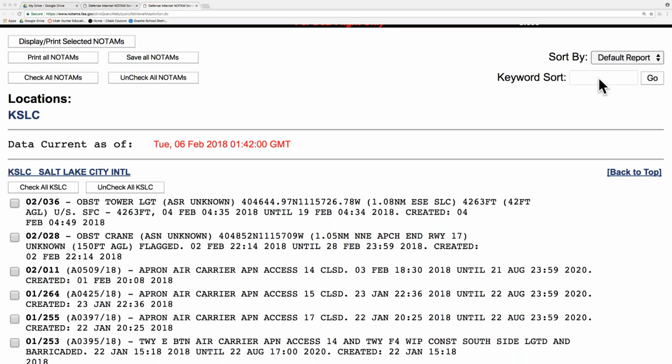So what is a NOTAM? What does NOTAM stand for? Notice to airmen. Perfect. What are the three types of NOTAMs? I've only got D and FDC. Okay, there's one more type that we don't really use.